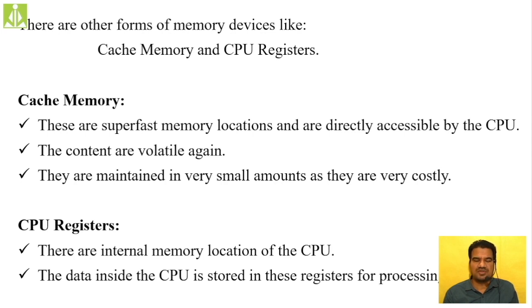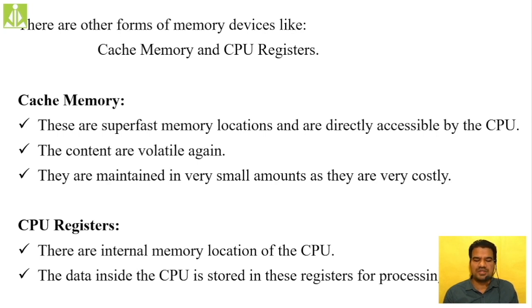Cache memory is even costlier, so we maintain it in MBs, megabytes. And finally, the CPU registers we maintain in KBs, kilobytes. As the cost increases, the amount decreases. The amount of those memory types used inside our computer will decrease.